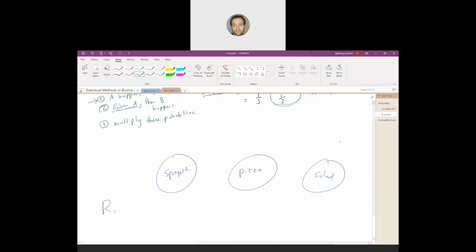Roommate 1 comes in the kitchen first and gets to choose whichever meal he wants. There are 3 plates, so he has a 1/3 probability of choosing any of these foods. Let's say he takes the spaghetti, takes the plate, and leaves the room.